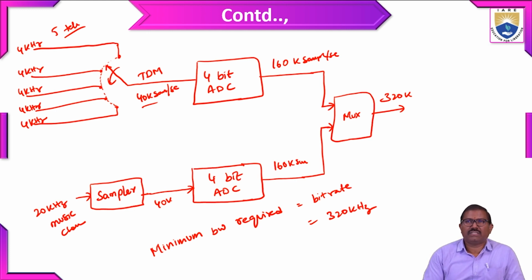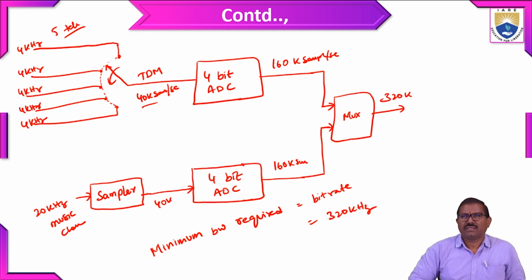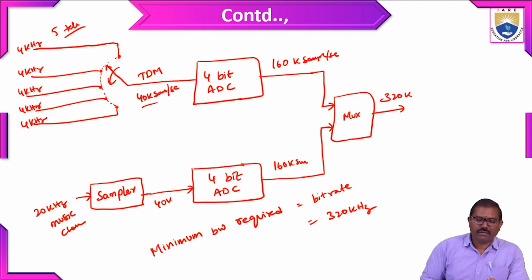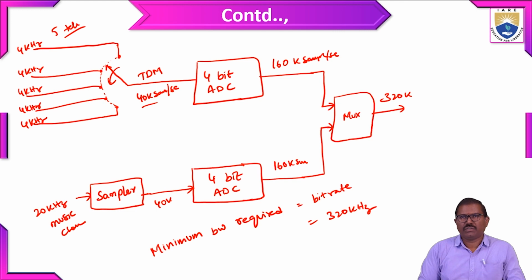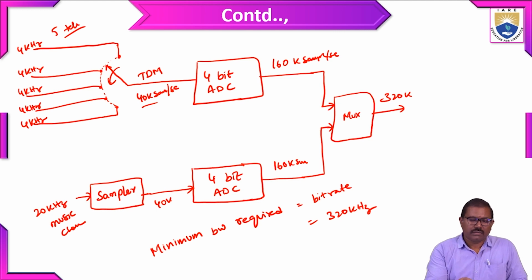In this problem they ask us to sketch the interleaving system. What is given? 5 telephone channels and 1 music channel are going to be multiplexed. Here each channel has 4 kilohertz. So 5 into 8. Why?